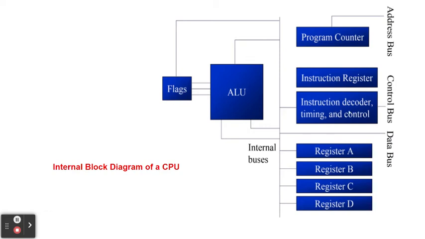We have the instruction decoder, timing and control, which is connected to the control bus. We have the data bus, which is connected to the backbone of the internal buses. And we have the registers A, B, C, and D. This is the internal block diagram of a CPU.